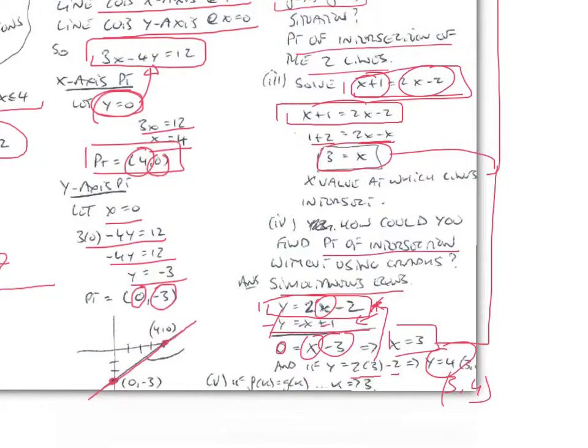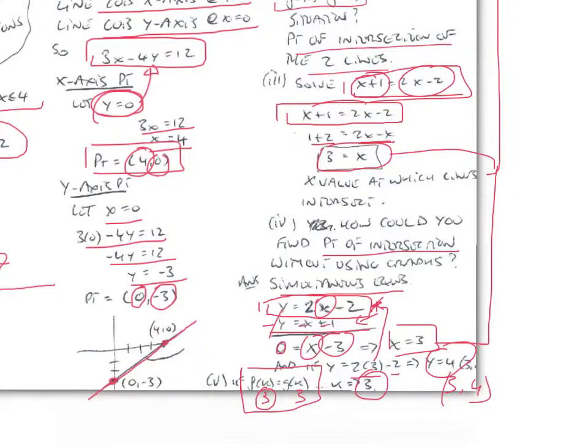Okay, and then we're asked if f of k equals g of k, what is k? k is 3. They're equal when we let our input value k equal 3 in both functions. Both functions will be equal to each other.